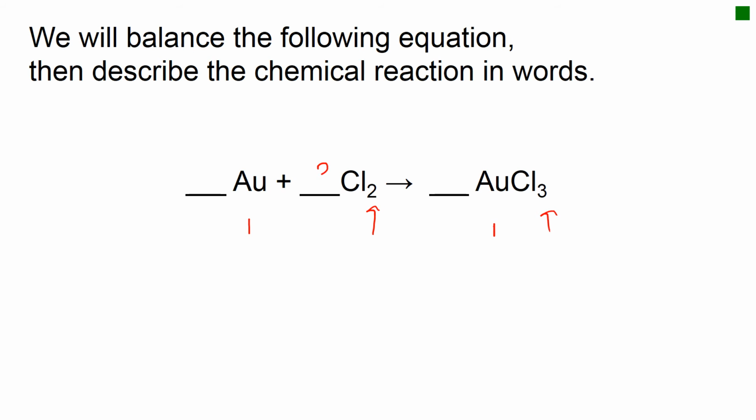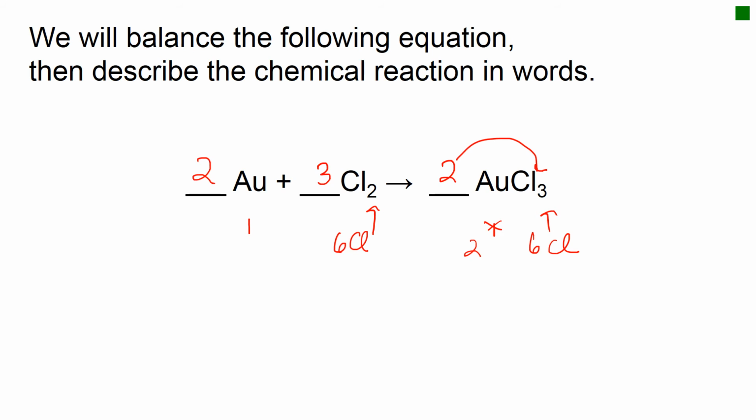So I'm going to go ahead and put a 3 here to give me 6 chlorines on the reactant side. And in order to get 6 chlorines on the product side, I've got to take 2 times 3 to give me 6 chlorines on the product side. That changed the gold, the Au, so I have 2 golds now on the product side, and I correct that by putting a 2 in front of the Au.